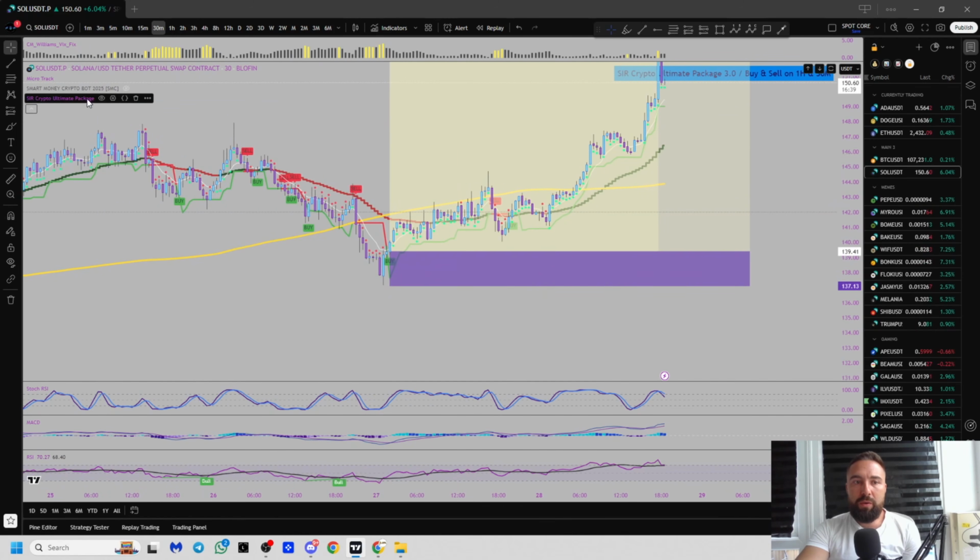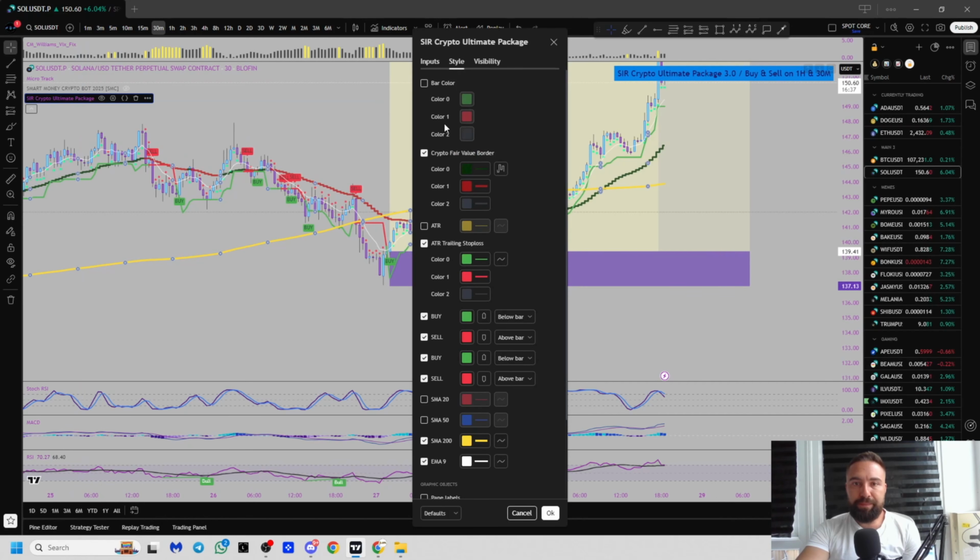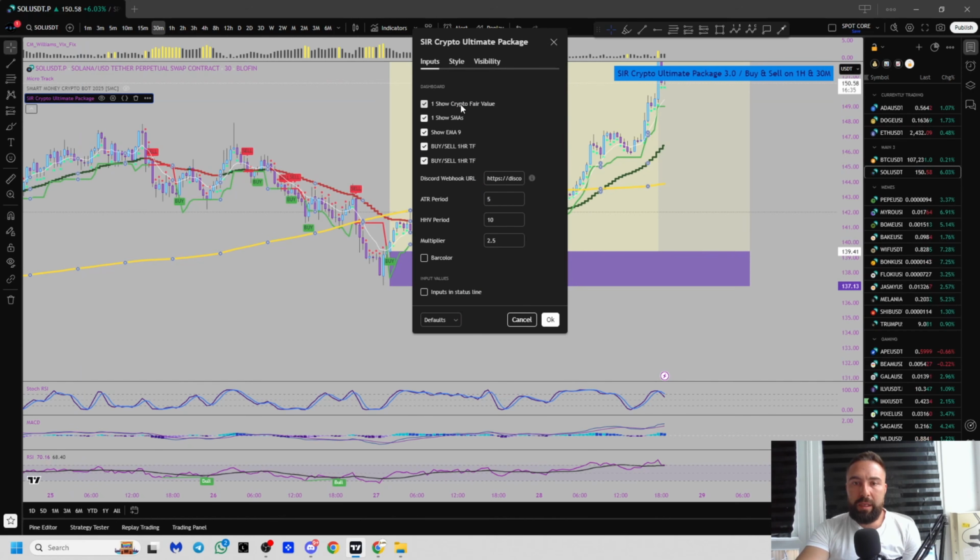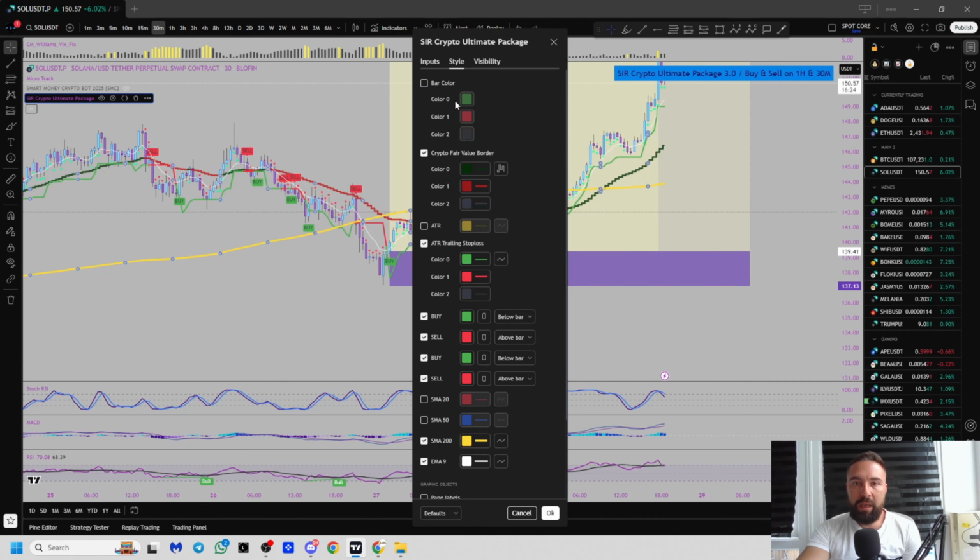If you go to the settings right here, make sure you have all those ticked on. You can remove the bar color and input in the status line. Under the style, I don't like to use the bar color, so I like to have that one off.